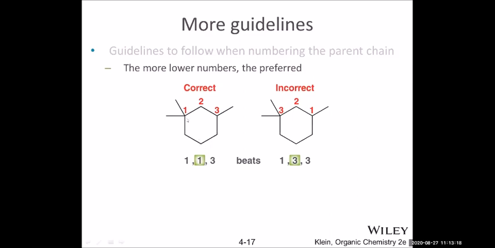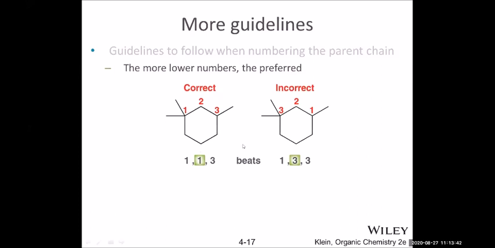If you start from here, number 1, clockwise, the locations for the methyl groups will be 1, 1, 3, both on position 1. So 1, 1, 3. If you start from this number 1, position 3 has 2 methyl groups, so it'll be 1, 3, 3. This is preferred.